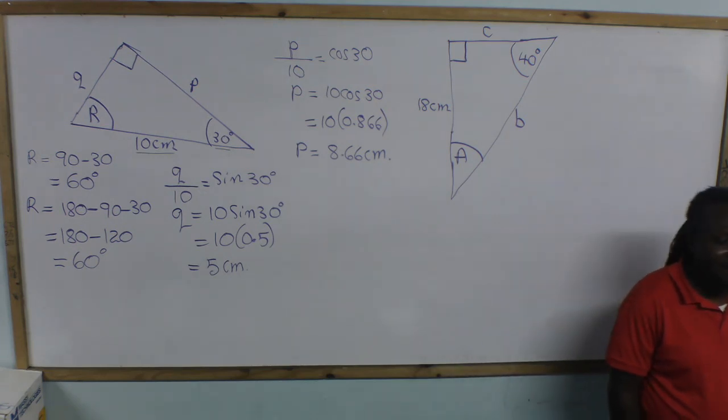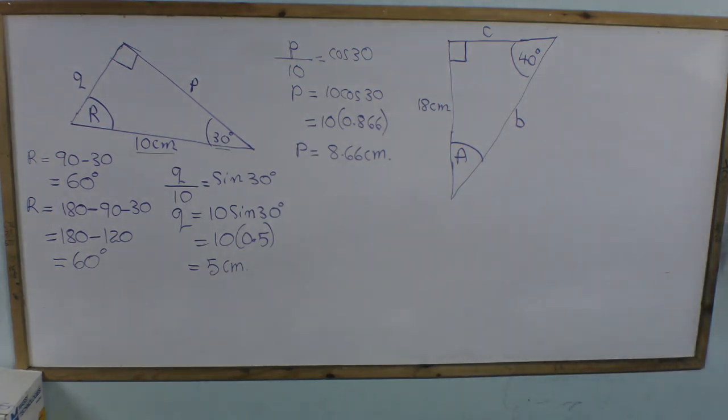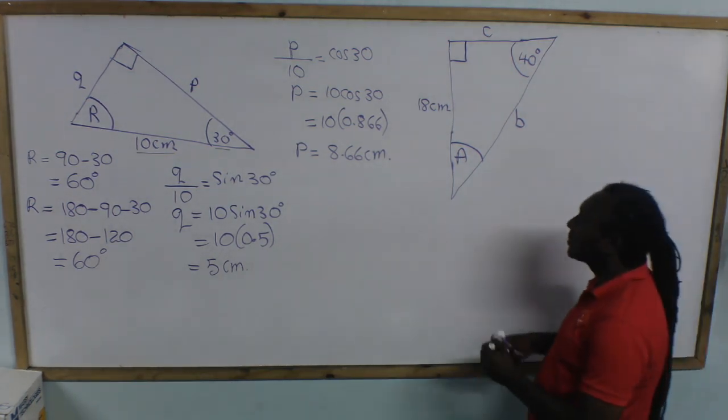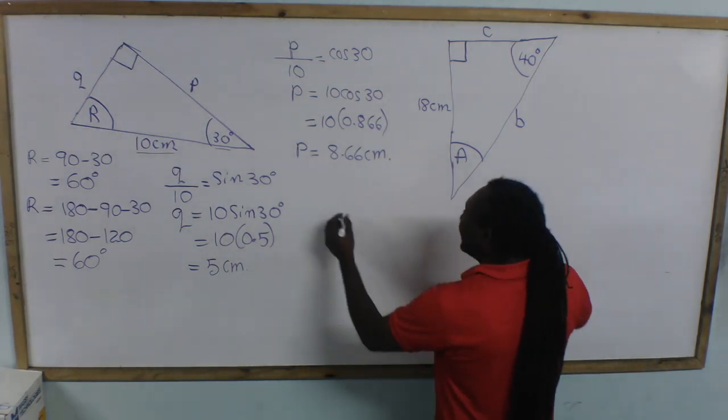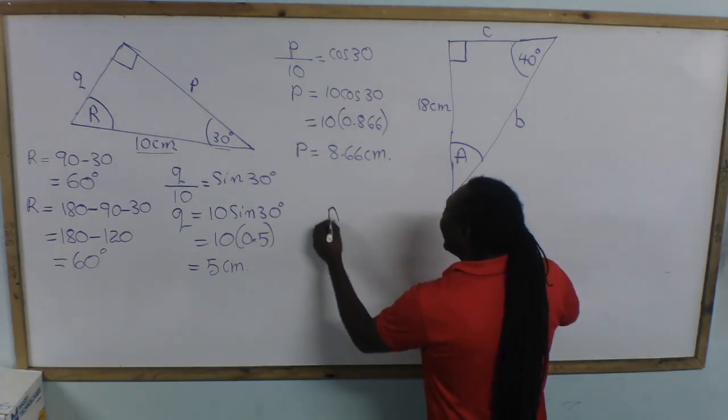Which one is the easiest one to find first? A. So then A equals 50 degrees. So, A is the easiest thing to find.